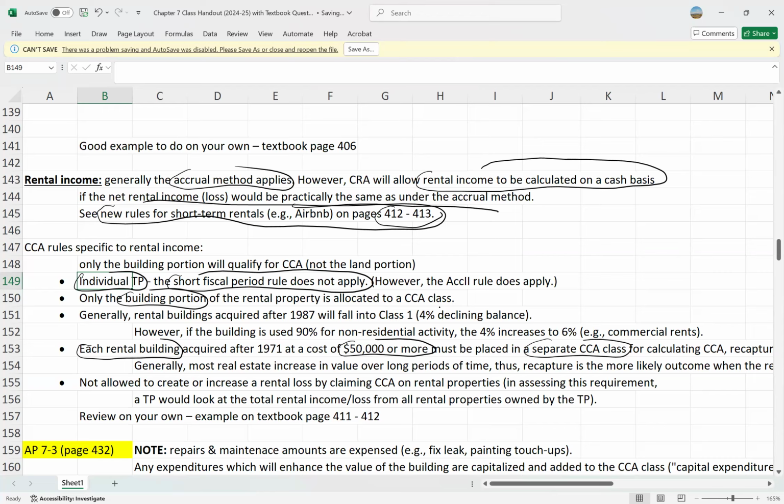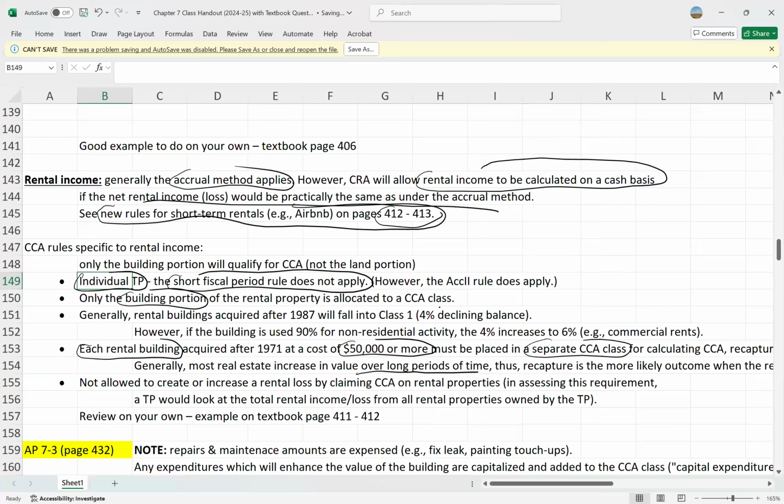Generally, because real estate will increase in value over long periods of time, even the building portion will probably go up in value as well, because usually the overall value is prorated between the land and the building. More usually goes to the land value than the building. But usually if the property increases in value over time, the building value will also increase. If you're taking CCA on the building and you sell the building, you will likely have recapture. Remember, recapture you have to add to income.